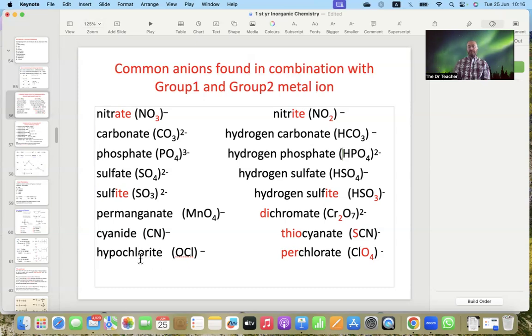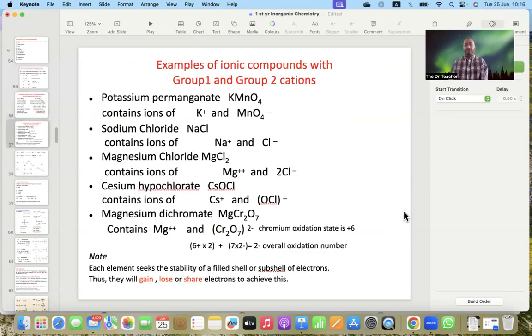Hypochlorite is -1, where there is OCl. The perchlorate is ClO4, and the overall charge is -1. Example of ionic compounds with group 1 and 2 cations.